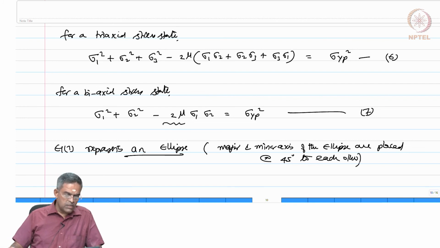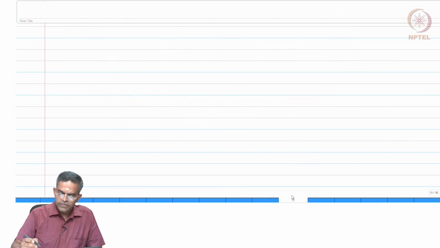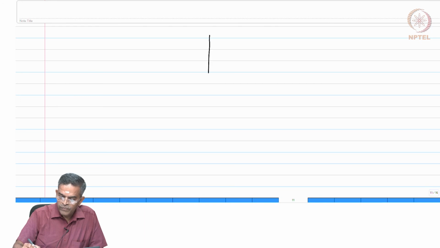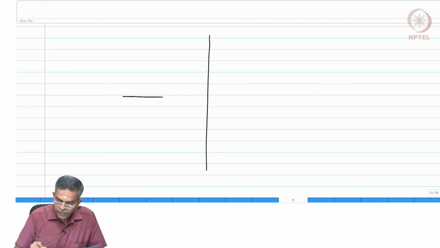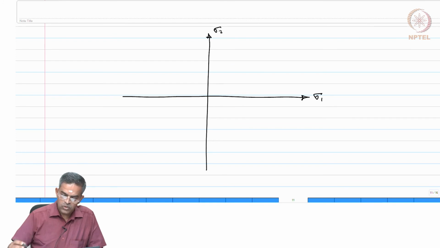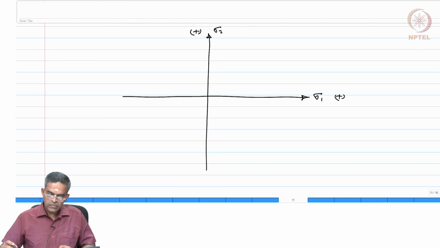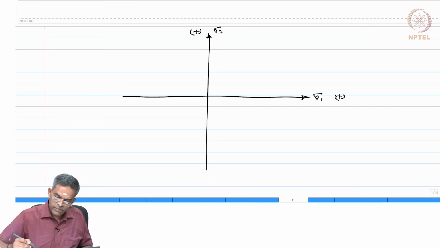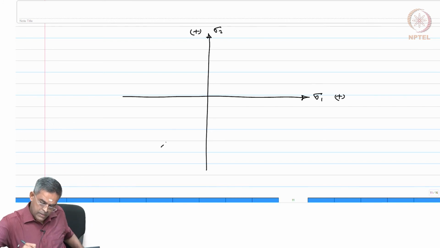So, let us plot this envelope. Let us call this sigma 1 and this sigma 2. Let us say this is the positive axis. Let us draw the major and minor axis of the ellipse at 45 degrees.